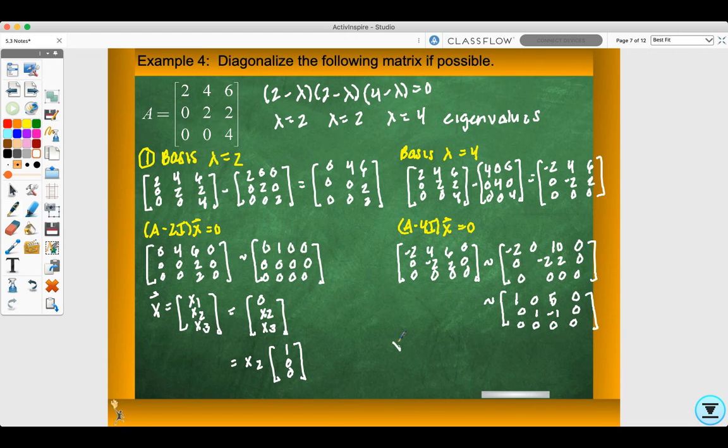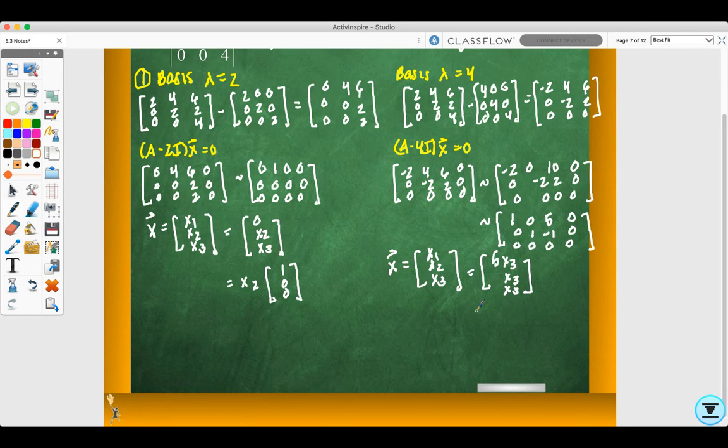And I'd end up getting x equals 5x3, x3, and x3. So this would then be x3 times 5, 1, 1.